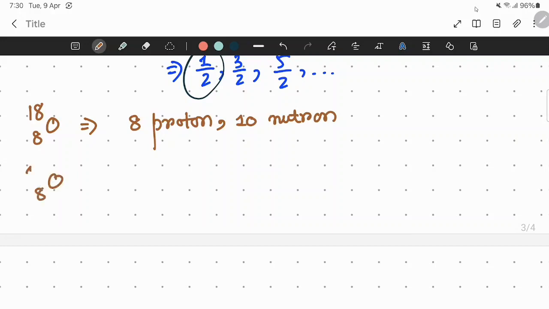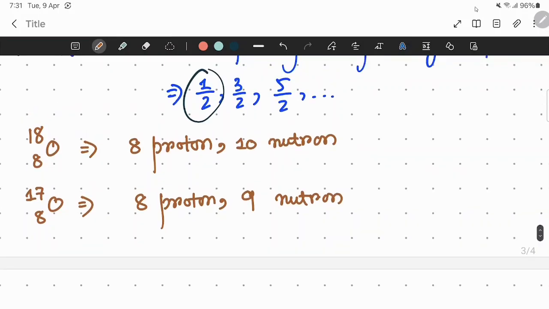And here it is 8 protons, 9 neutrons. In both cases there are 8 protons, and 8 protons means these are all paired.